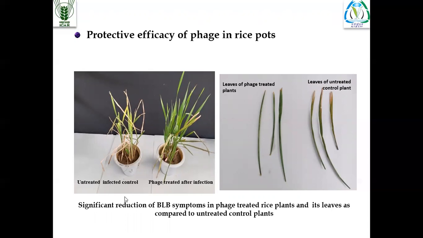It was found that there was significant reduction of BLB infection in phage-treated plants as compared to untreated control plants, and the phage-treated plant leaves showed very reduced symptoms of BLB in the leaves as compared to leaves of untreated control plants, in which there was significantly higher wilting and necrosis of the leaves.